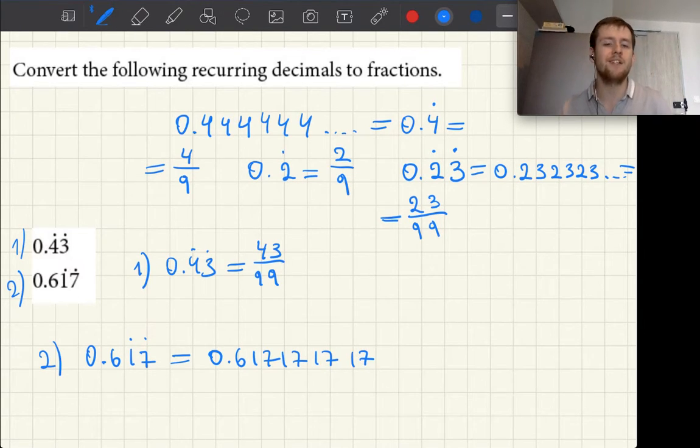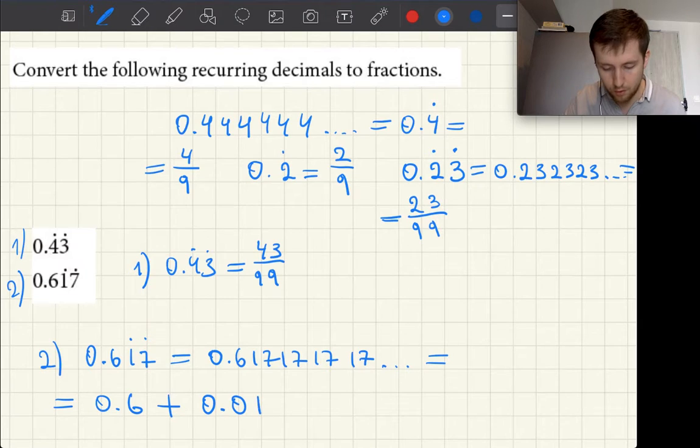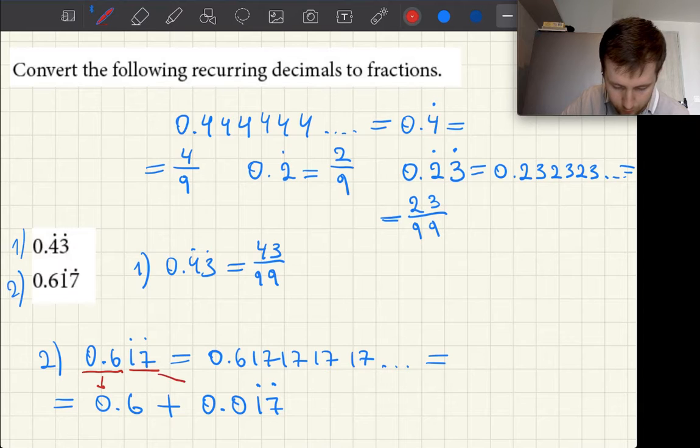One method you could use is to separate the repeating part from the non-repeating part. We could write it as 0.6, the non-repeating part, plus 0.017 repeating, that's the repeating part.